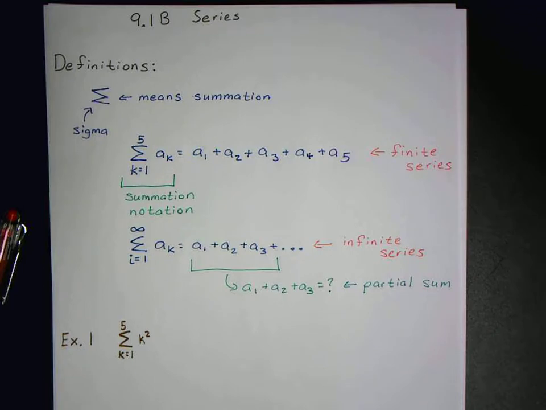So if you have an infinite series and you just find part of it, that's called a partial sum. Sometimes we do that just to figure out what this infinite series actually adds up to, because we can't actually find an infinite series. But if we find a whole bunch of partial sums of it, sometimes we can find a pattern and figure out what this infinite series is going to end up adding up to be. And I'll show you an example of that.